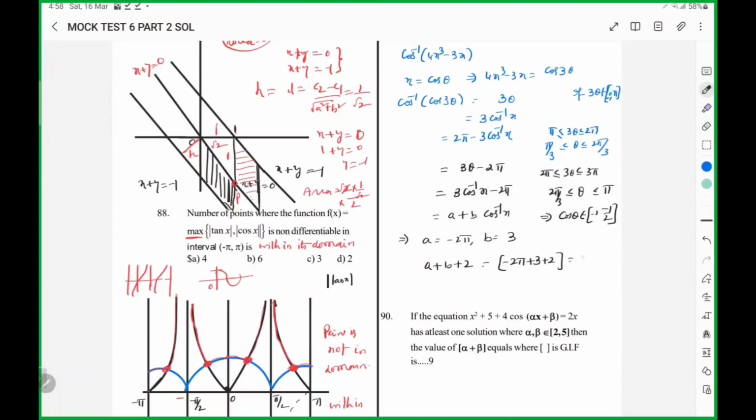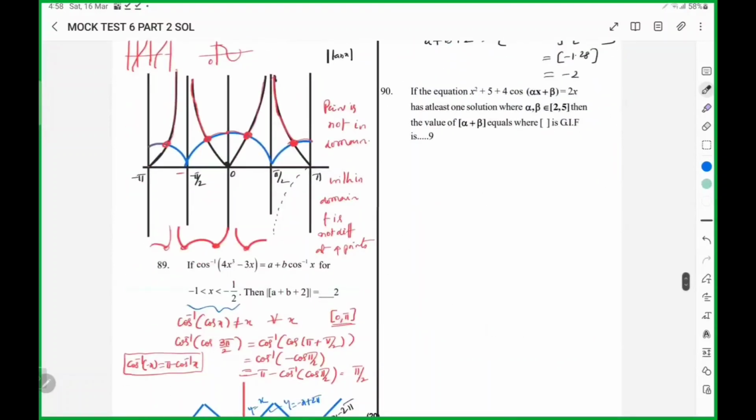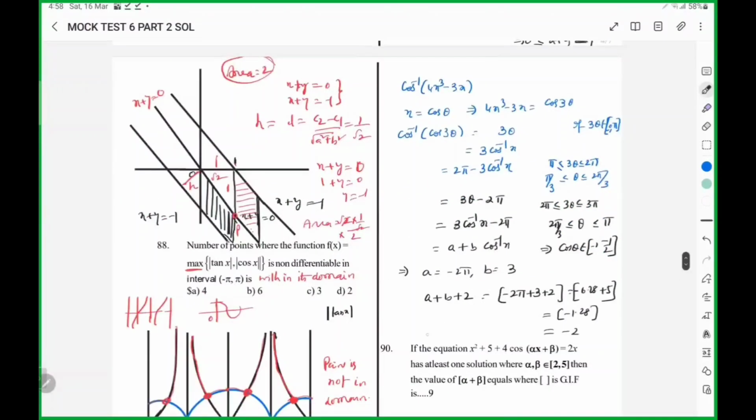It is minus 6.28 by taking pi as 3.14, plus 5, which is minus 1.28, which is minus 2, but he put the modulus, which is plus 2.